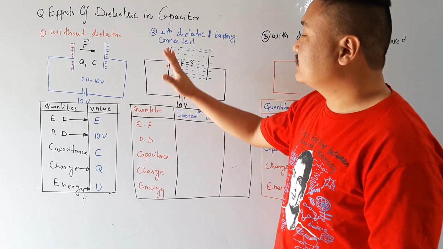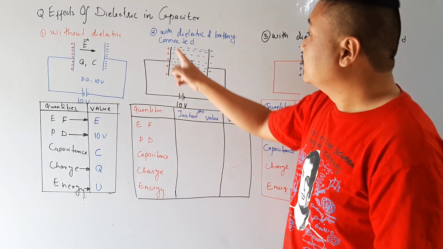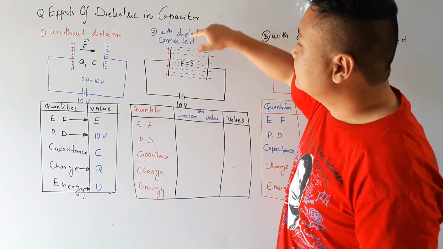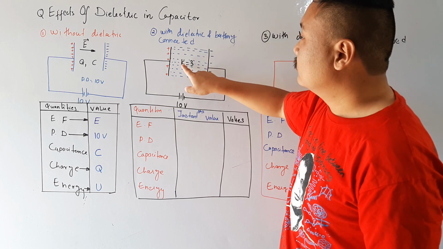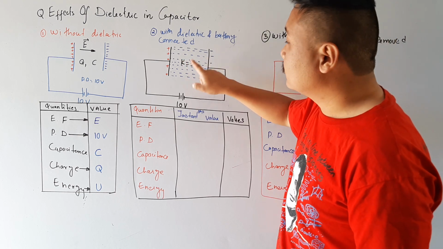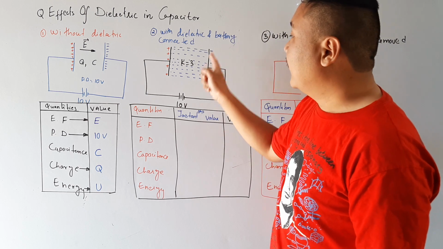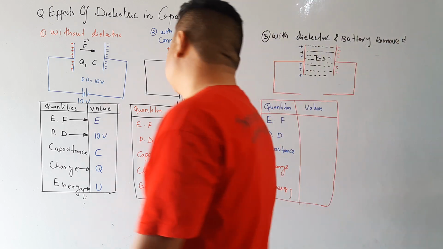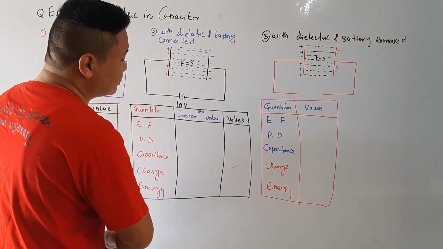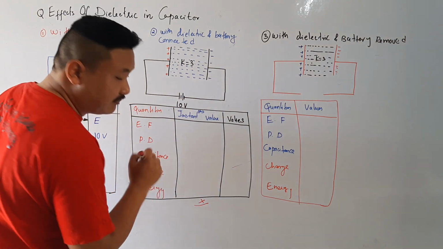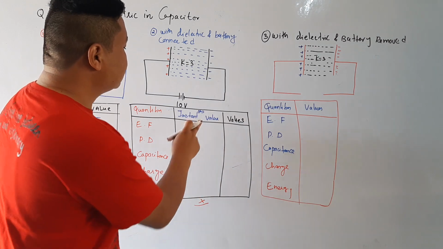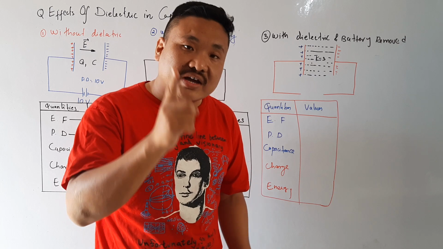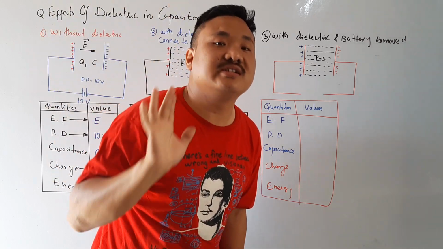In the next case, which is very important, we have a dielectric with the battery connected. I have inserted a dielectric whose dielectric constant is K equal to 3, and the battery is not removed; it is already connected. I am giving instantaneous values, meaning the values as soon as you put the dielectric.